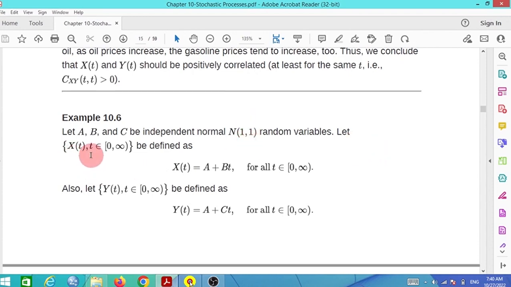And let X_t, for t belonging to this interval defined by this notation, be a random process, A plus B multiplied by t, and Y_t be another random process defined by this: A is the same, but B changed to C.